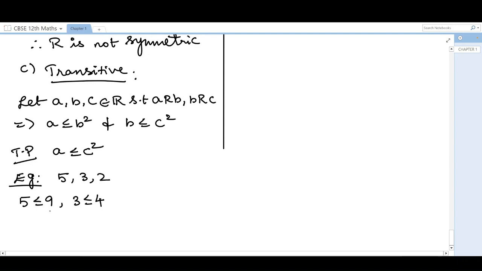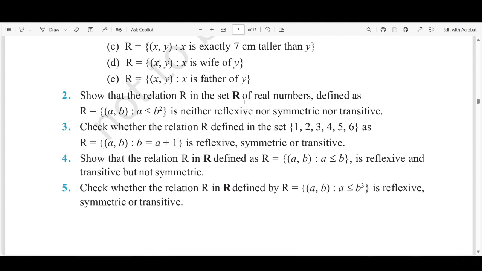Thus A is related to B and B is related to C. Whether these two conditions imply 5 is less than or equal to 4, that is A is related to C? No, this is not true. Therefore, the relation R is not transitive. Thus, we have verified the problem number 2, that the relation R is not reflexive, symmetric and transitive.